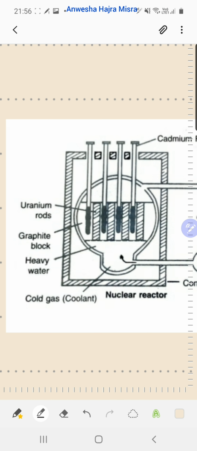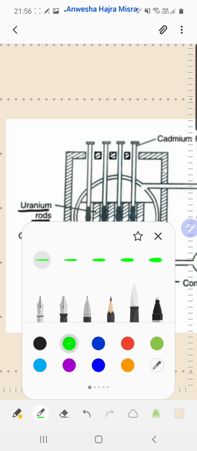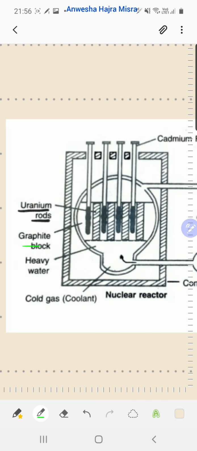See, you can see the uranium rods. Now, what do the graphite block and heavy water do? They slow down neutrons.